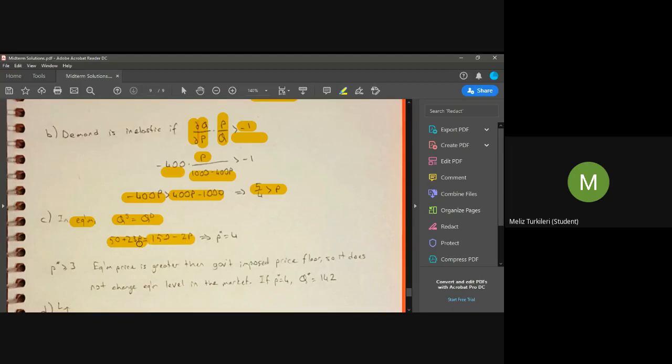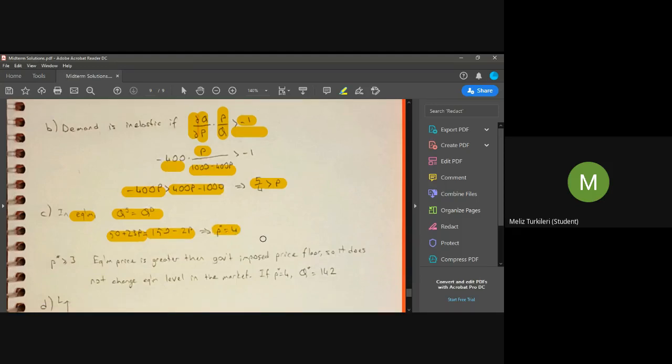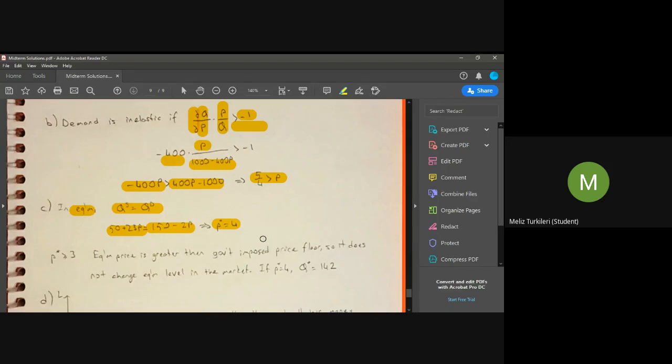If we equalize them, we find that price should be equal to 4 in the equilibrium. But the government imposes a price floor equal to 3. It means that no supplier can sell their goods lower than 3. Okay? This is the floor.